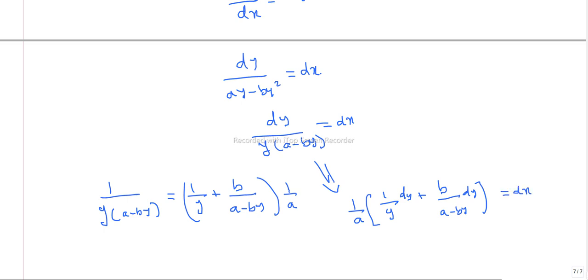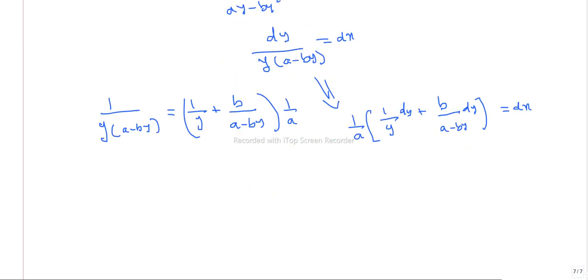Now integrate. So 1 by a is constant, integration of 1 by y is log y. If we integrate these, what will we get? Again, log of, b is constant, 1 by this.